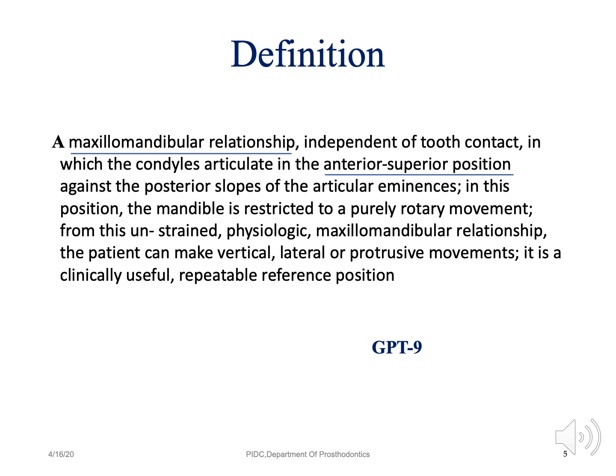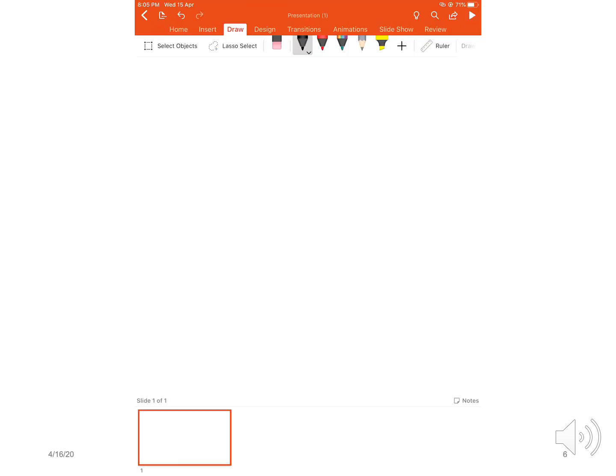So now let me draw and explain how it is. My diagrams might not be that great, so please pardon me. So the glenoid fossa, and then you have the condylar head of the mandible.